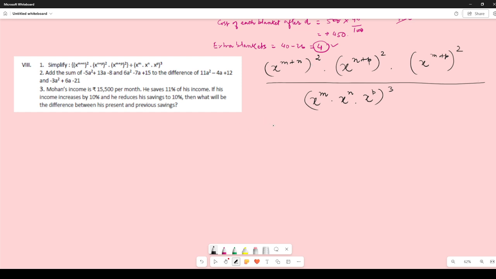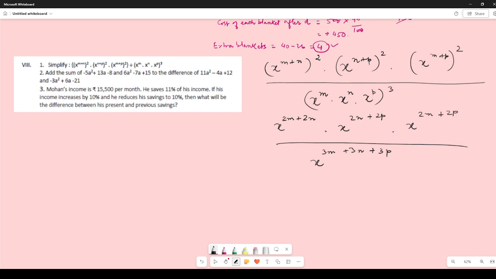So what does this become now? x to the power of 2m plus 2n into x to the power of 2n plus 2p into x to the power of 2m plus 2p divided by x to the power of 3m into x to the power of 3m plus 3n plus 3p, right?